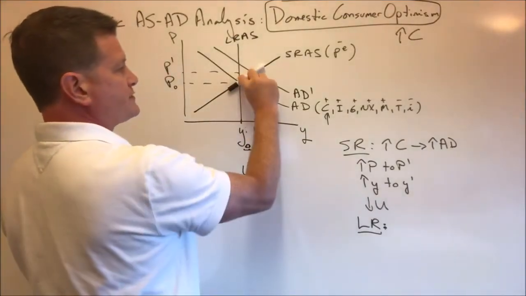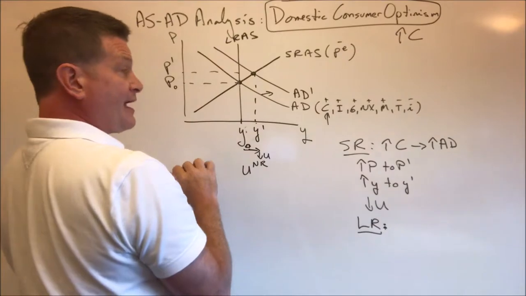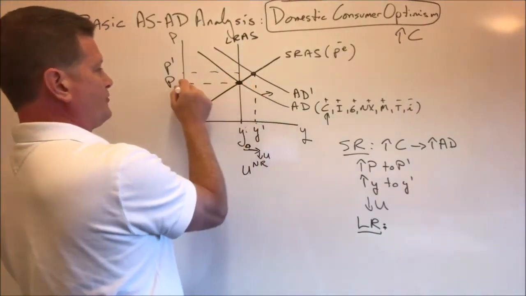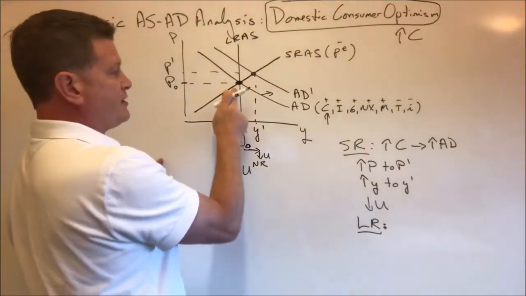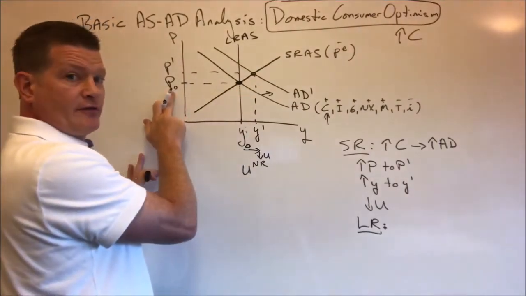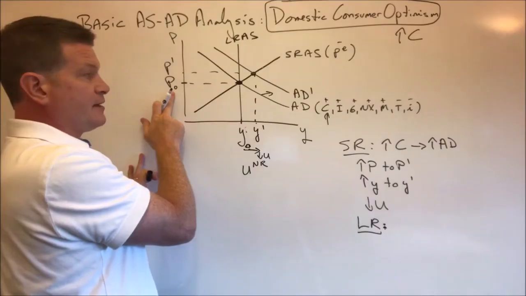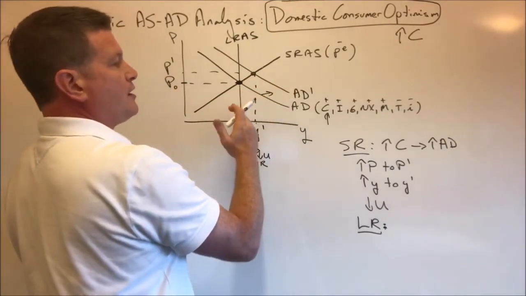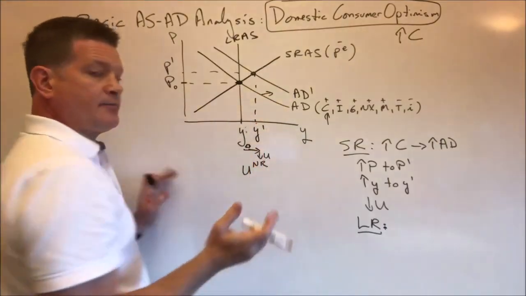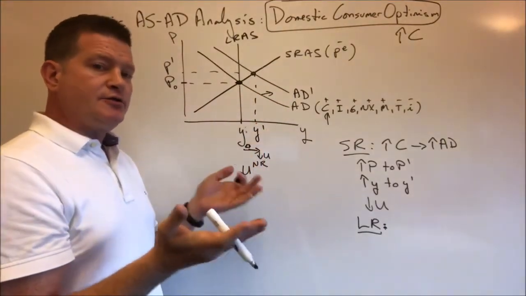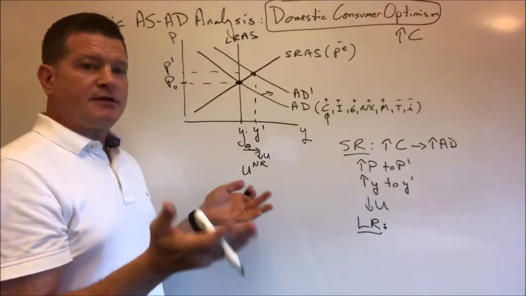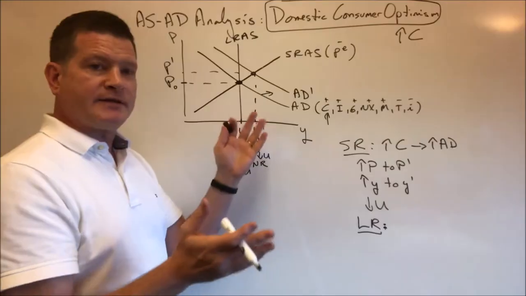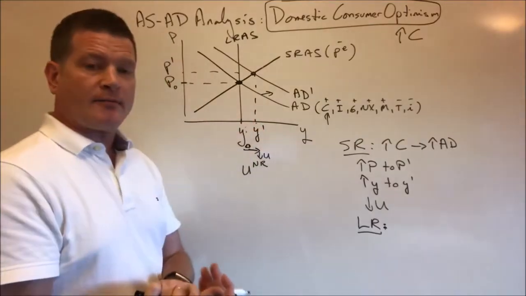Notice I haven't moved this curve yet. So technically, everybody is still expecting the old price level. When we started in equilibrium, this was the price level, therefore that's the one everyone expected. Instead, the economy expanded, output grew, demand grew, and prices began to rise. So you would be kind of stupid to continue expecting this old price level after you know the economy's expanded and prices have gone up.